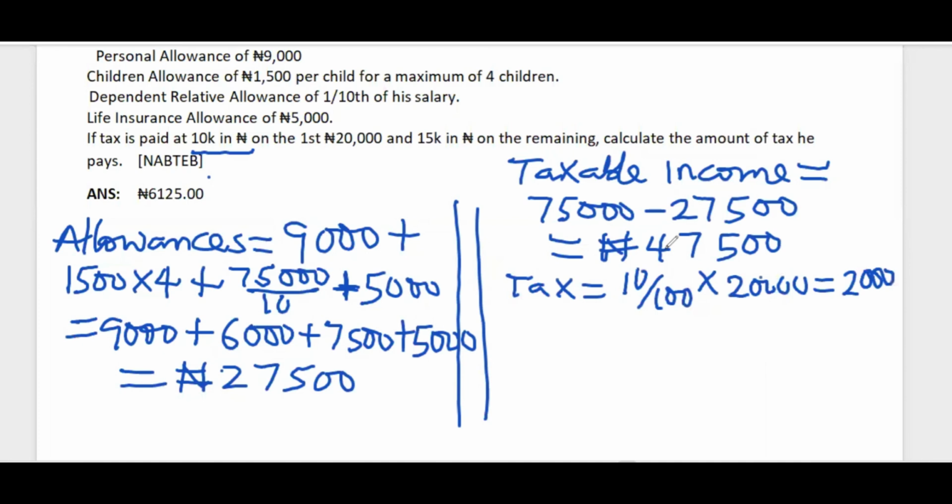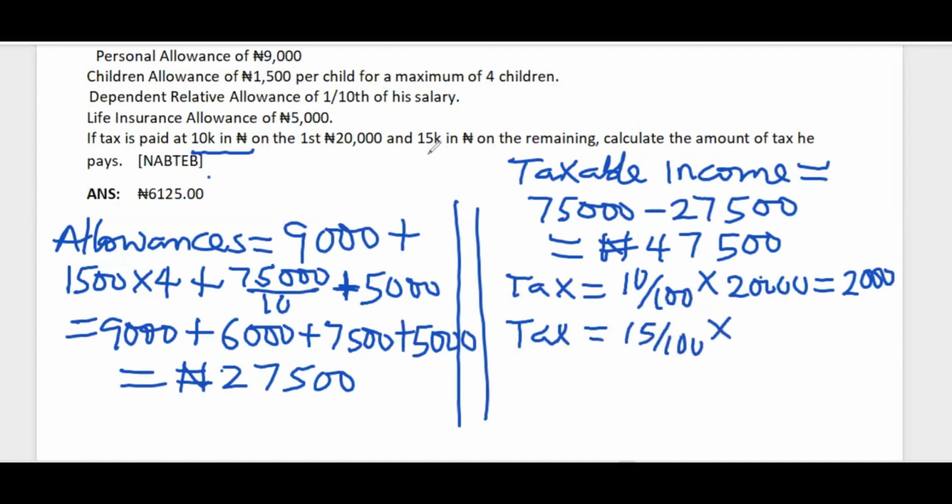Then, having subtracted 20,000 from 47,500, we are left with 27,500 there. Next, he will pay 15 kobo in the Naira, that's 15%, on the remaining, meaning the tax paid on the next level is going to be 15% of the remaining.